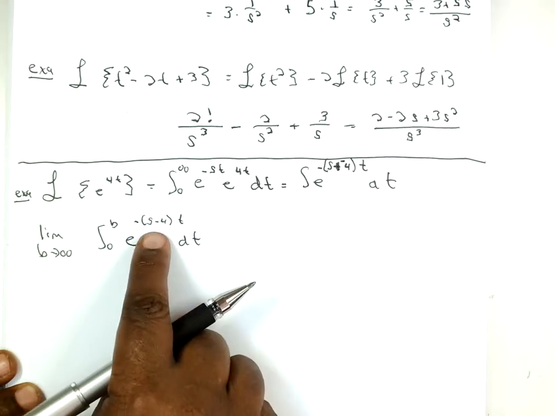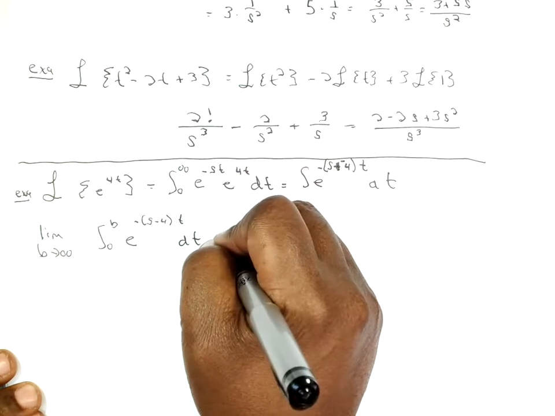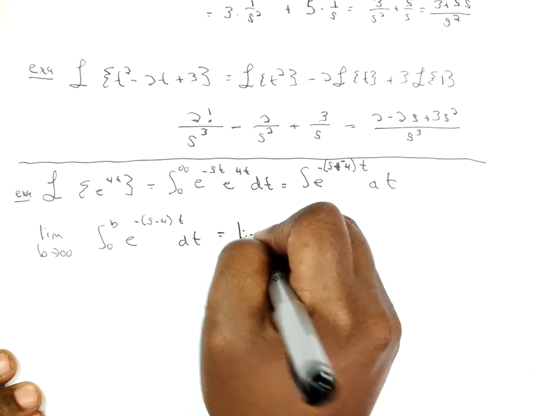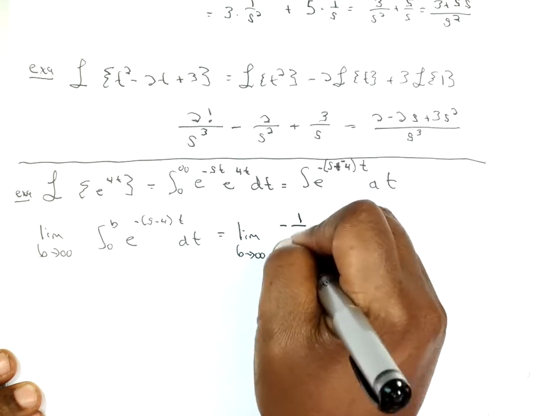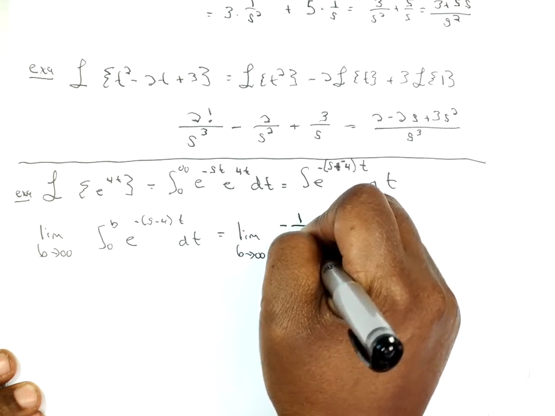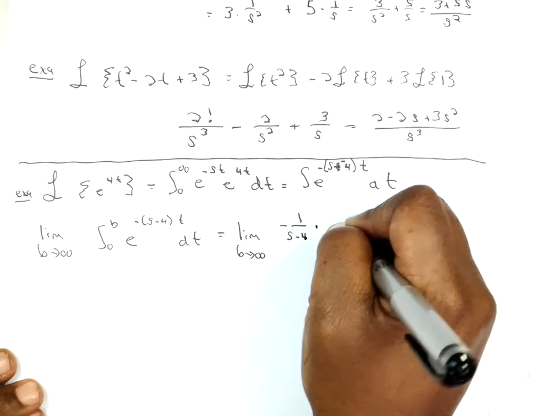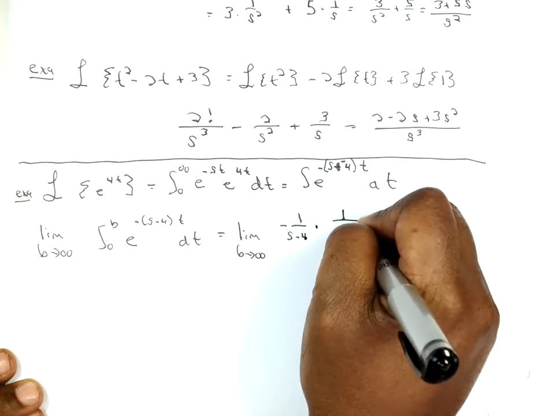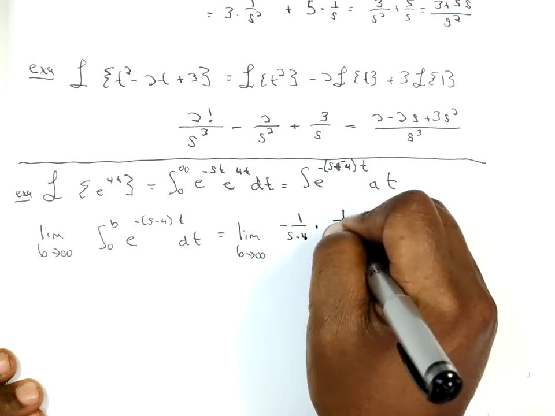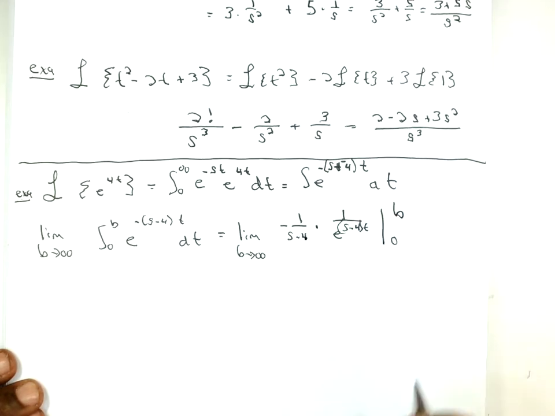And this is just a constant. So when I integrate that, I get negative 1 over s minus 4 times 1 over e to the s minus 4 dt if I get rid of that negative exponent from 0 to b.